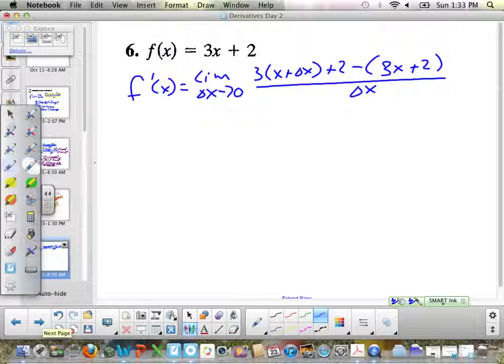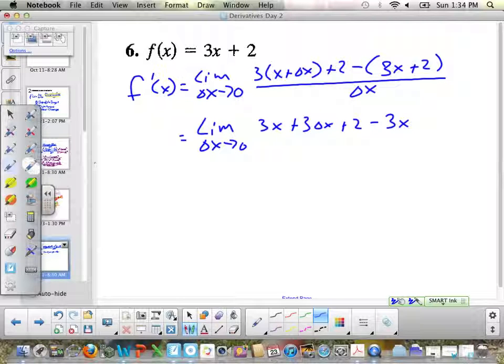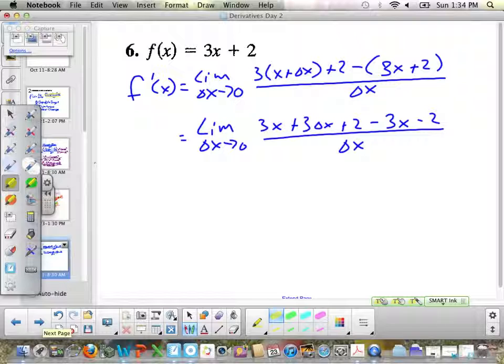We'll distribute here. The limit as delta x approaches 0, we got 3x plus 3 delta x plus 2 minus 3x minus 2 all over delta x. All right, so if we take a look, 3x and negative 3x will cancel. 2 and negative 2 will cancel, and then we're left with 3 delta x over delta x.